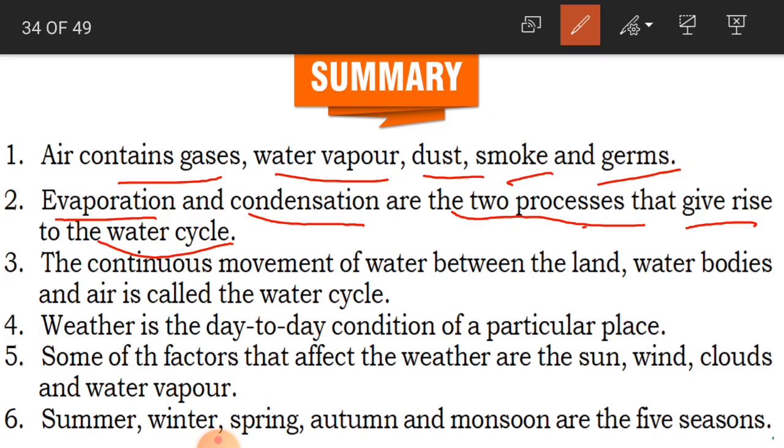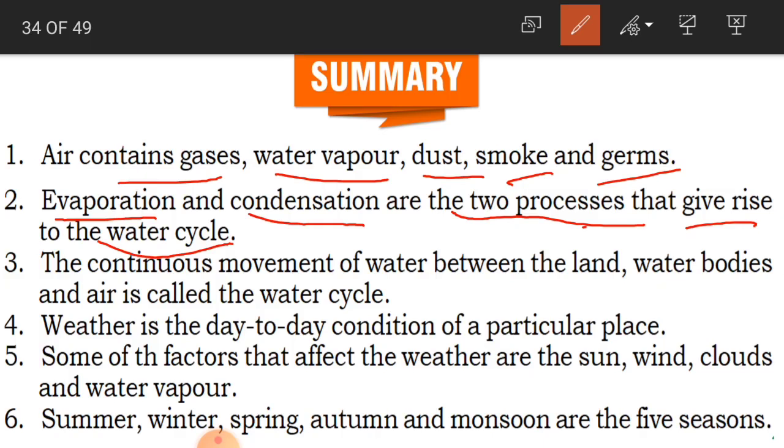Then what is evaporation? Water, when it is heated, changes into water vapor. And what is condensation? The water vapor in the atmosphere changes into water when it gets cooled down. Okay. So this is evaporation and condensation.